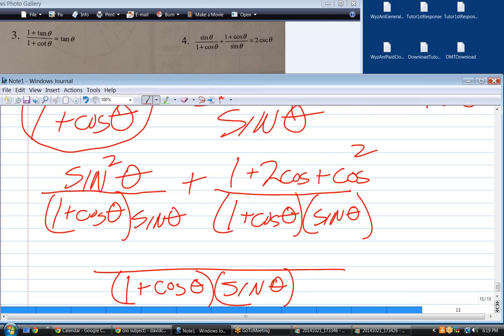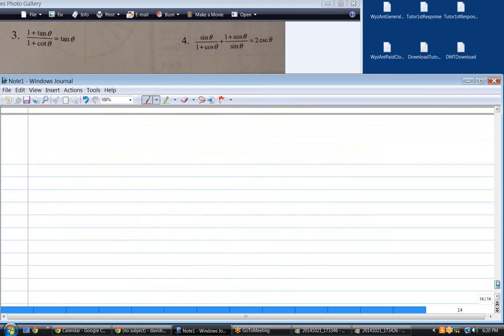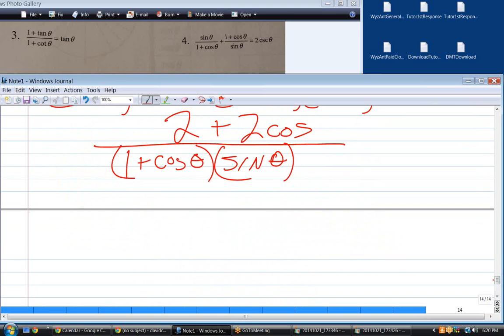What can I simplify? It's going to be sine squared plus 1 plus 2 cosine plus cosine squared, right? Okay, what's sine squared plus cosine squared equal to? 1. So it really is 2 plus 2 cosine, right? Aha. Now what can we do? Remember, we're constantly trying to reduce.